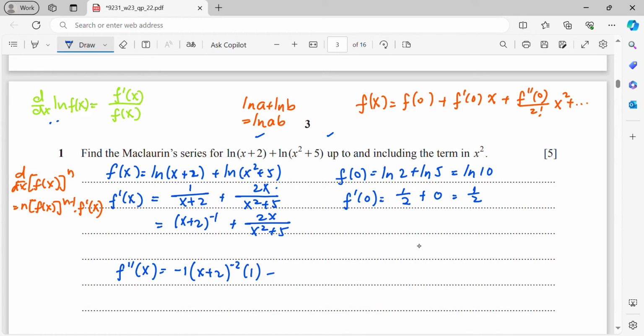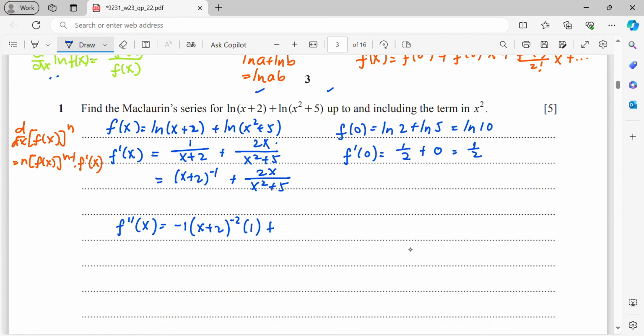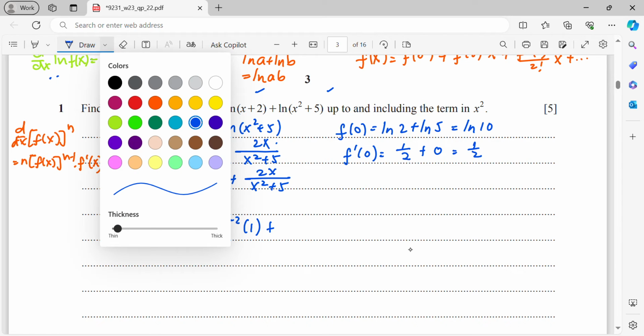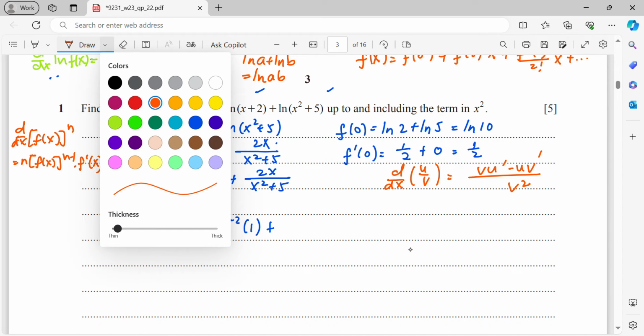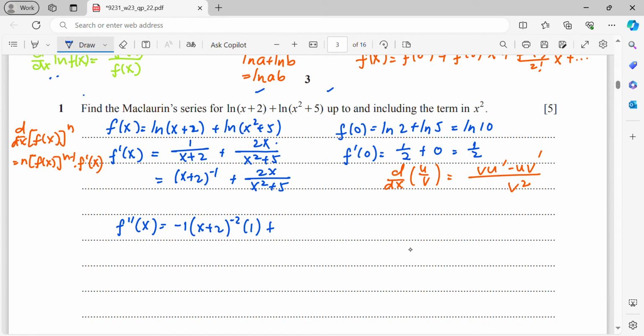For the second term, that is the quotient rule. The quotient rule is basically d over dx of u over v equals (v u prime minus u v prime) over v squared. So now I will write down my u and v. My u is 2x, so my u prime is 2, then my v is x squared plus 5, and my v prime is 2x.